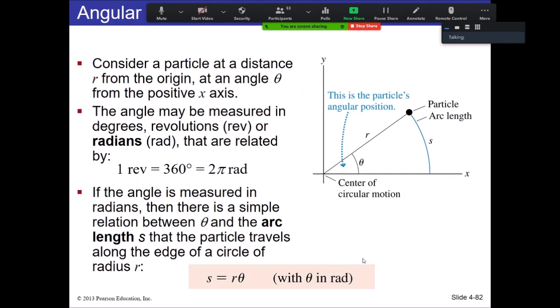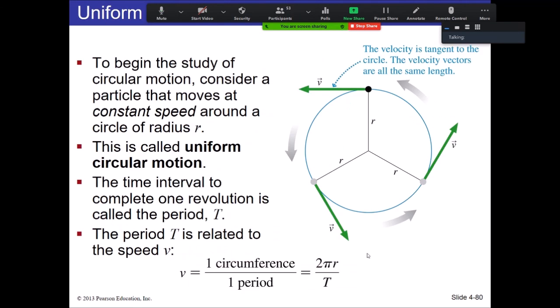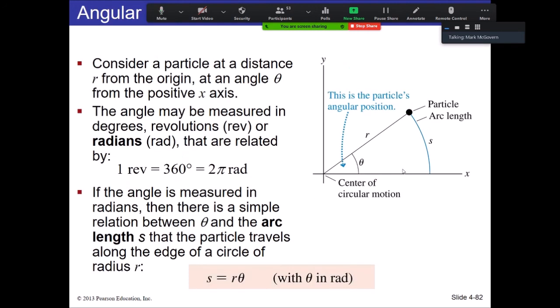Okay. Now, when you look at this, you may initially say this is not one-dimensional motion. This is a two-dimensional motion problem. But when circular motion is occurring, we don't want to think in terms of X and Y. We can turn it into a one-dimensional problem if we recognize that we can use a polar coordinate system instead of a Cartesian coordinate system.